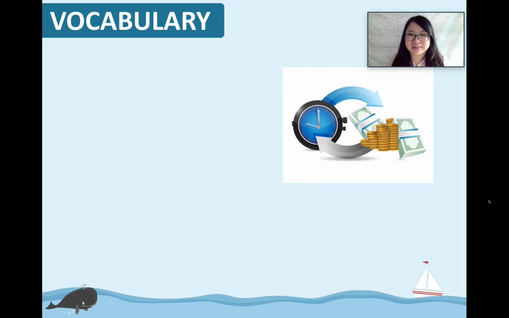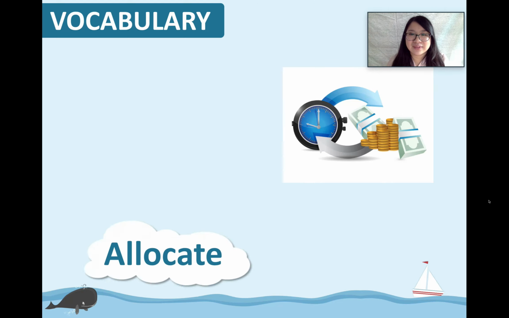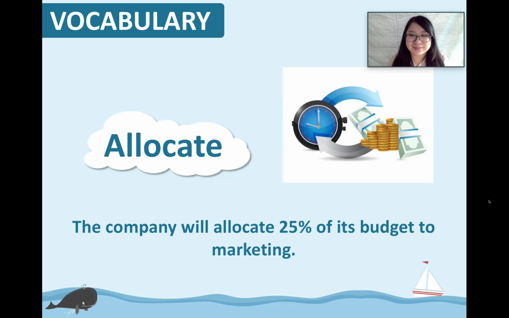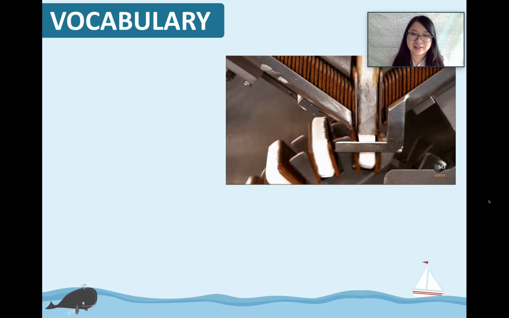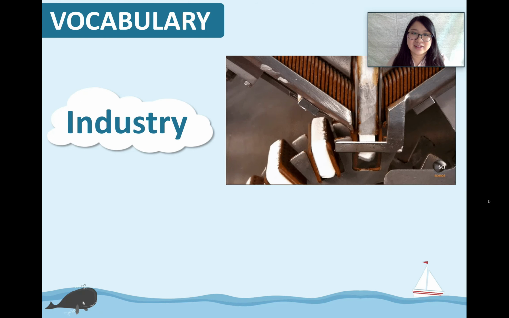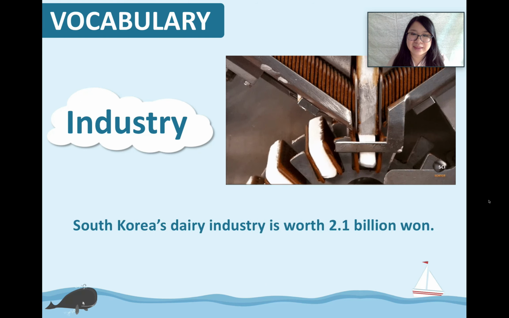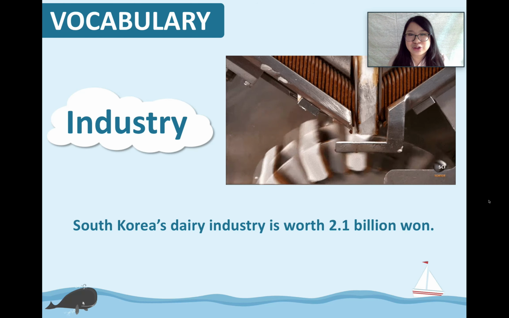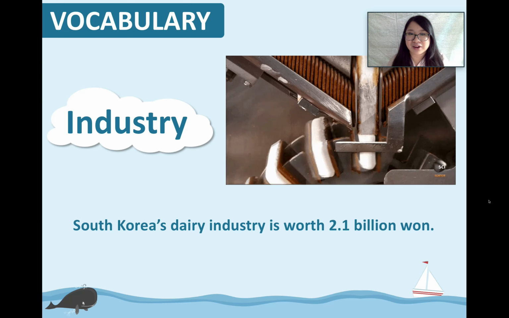Number 1. Allocate. The company will allocate 25% of its budget to marketing. Industry. South Korea's dairy industry is worth 2.1 billion won.